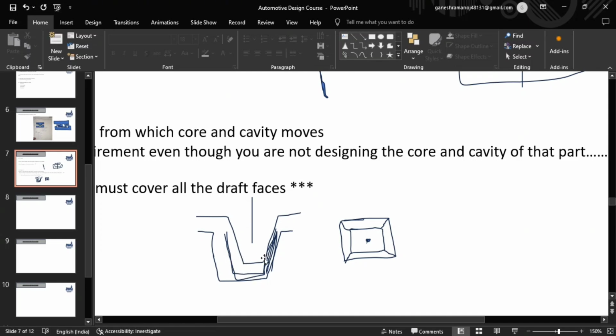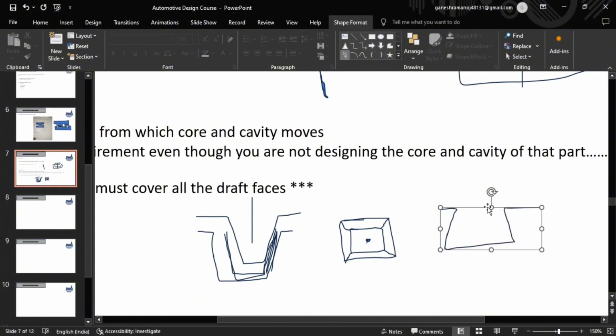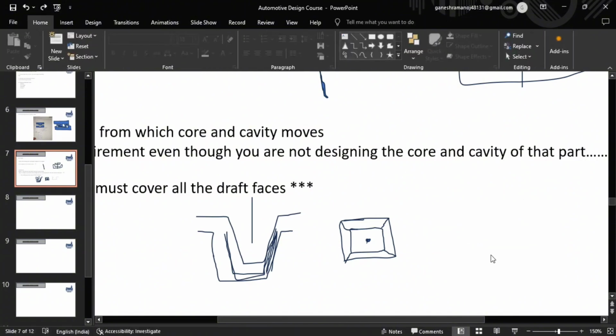See, for example, this is your part. In this way, the core and cavity designer can make a specially prepared core and cavity for this. Imagine you made a part, okay, in reality you won't see a part like that.